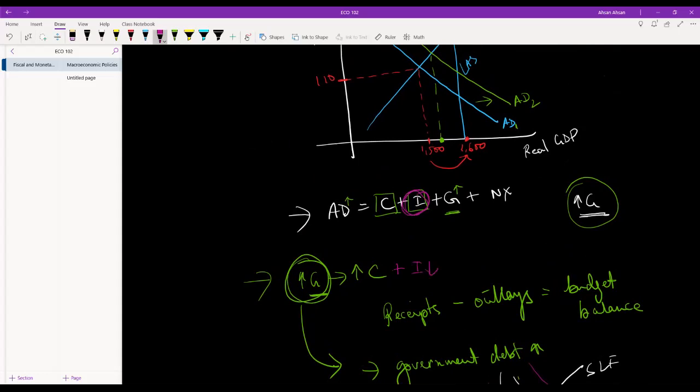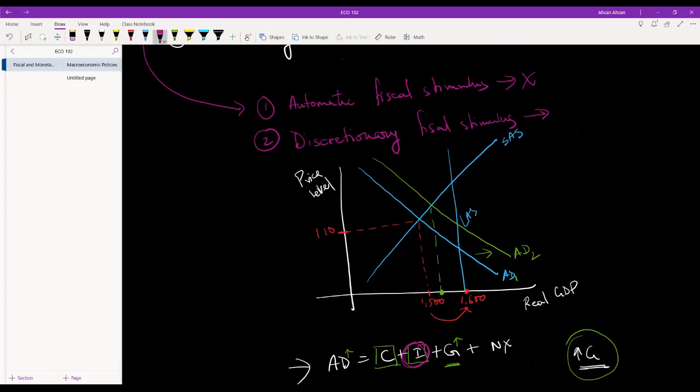So when the government increases their expenditure, it increases consumption, we know that, but it may also decrease investment. As a result, we get the first move from AD1 to AD2.